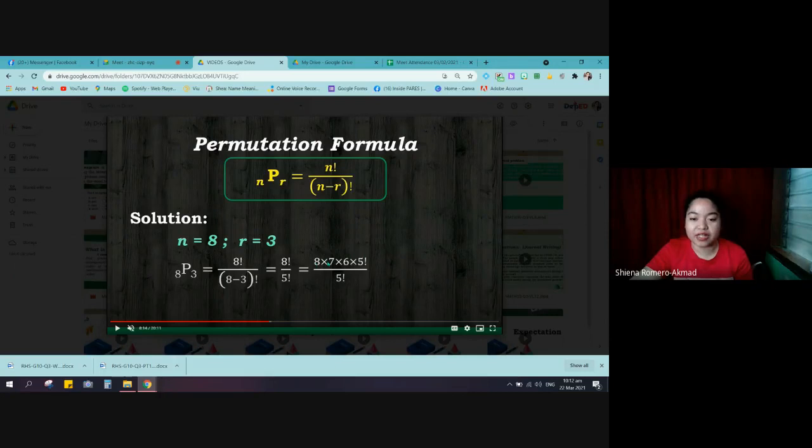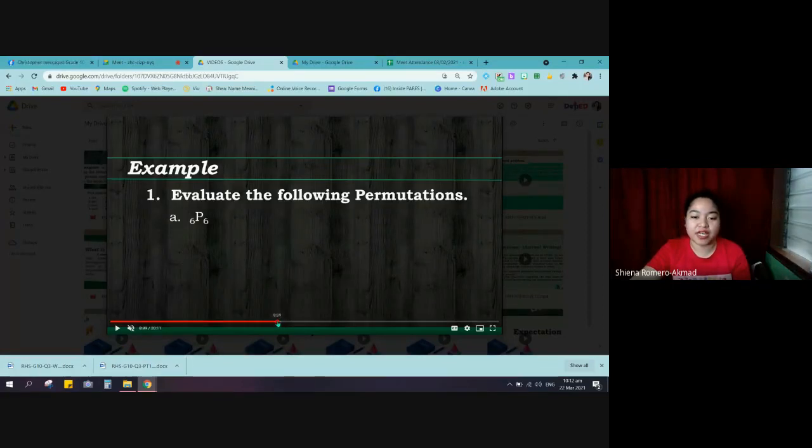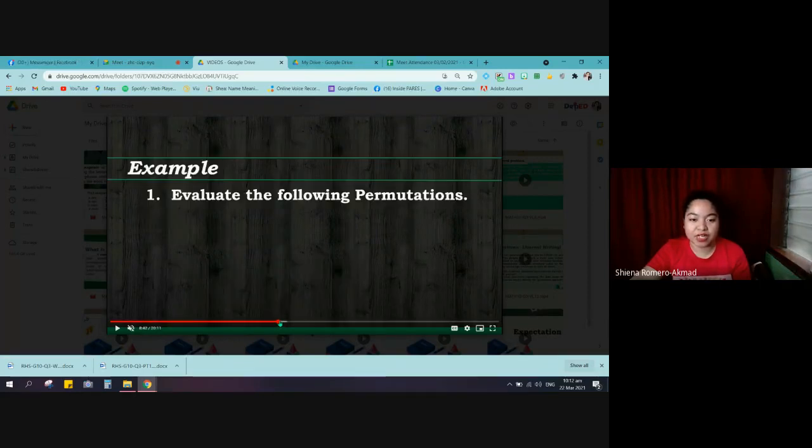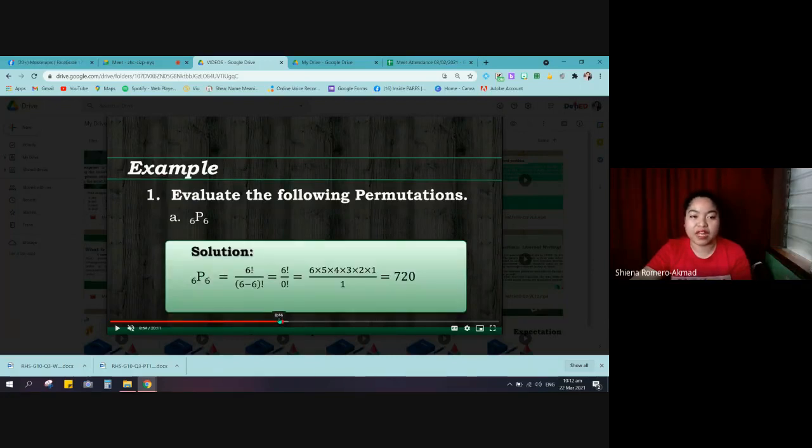So we have 8 times 7 times 6 times 5 factorial divided by 5 factorial. It will give you 8 times 7 times 6, and that is 336 ways. Okay?